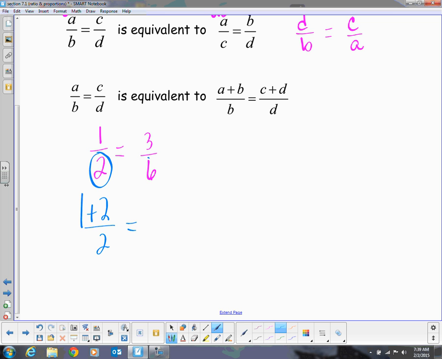And I can take this denominator 6 and add it to 3. And it should still be equal. This is going to be 3/2. This is going to be 9/6. Now notice it's totally different fractions, but does 9/6 reduce to 3/2? If I divide 3 into 9 and 3 into 6, I'll get 3/2. So those are properties of the proportions that you're going to be playing upon.